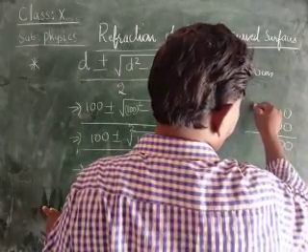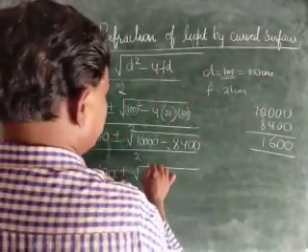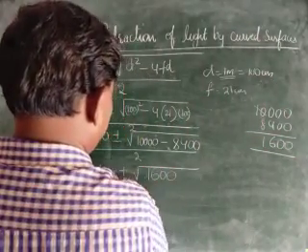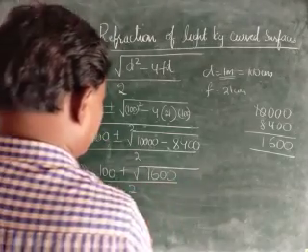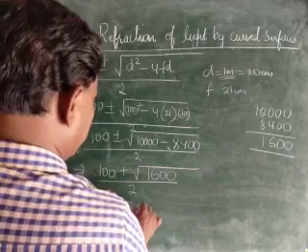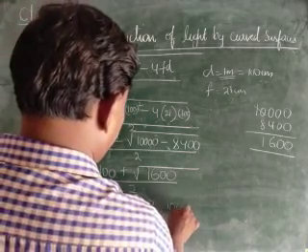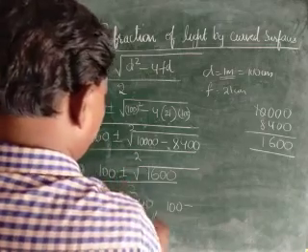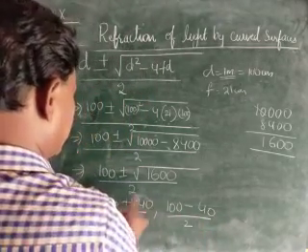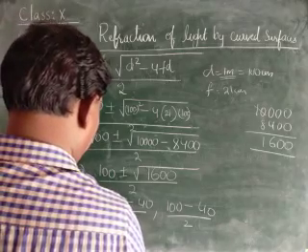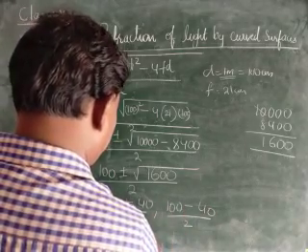Here 10,000 minus 8400 is 1600. 1600 by 2. That is, 100 plus or minus root of 1600, which is 40, by 2. 100 plus 40 is 140 by 2, and 100 minus 40 is 60 by 2.